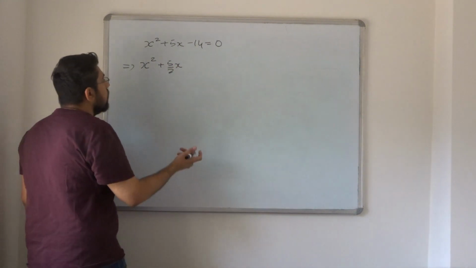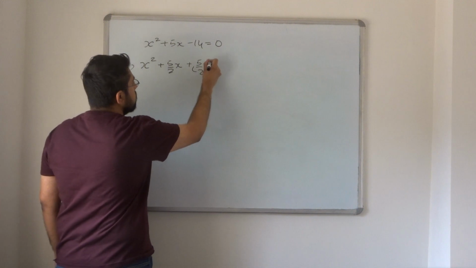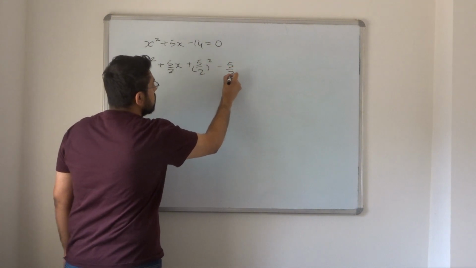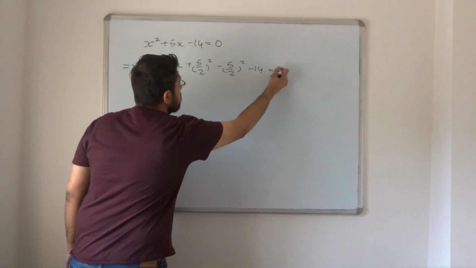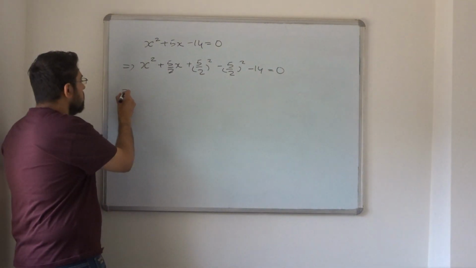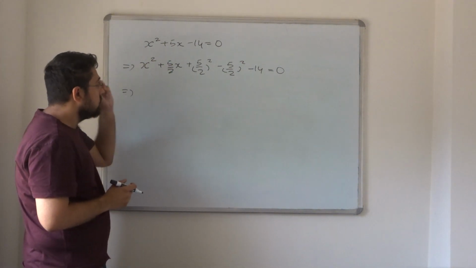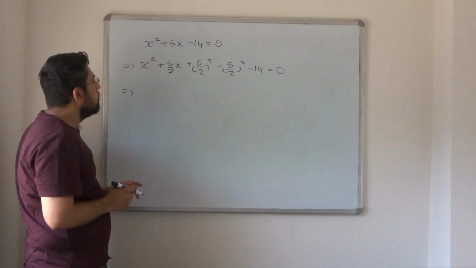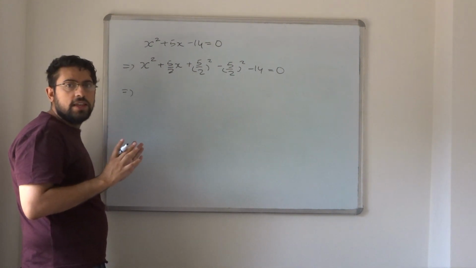So now obviously we have to take the square of this, minus 14 equals 0. Now obviously many people will be like, after I get the perfect square, why don't I prove how I got the perfect square? Guys, you don't have to prove that. That's not important.